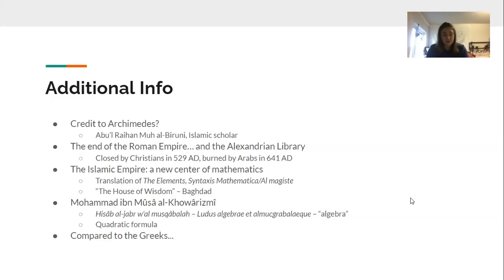We can see the name of his presentation there, the first bullet point under his name. That's in his language, and translated into Latin it is the Ludus Algebrae et Algebraica. And we reduced that to algebra, which is what we call it today. I personally never realized that algebra came from the Arabs in the Islamic Empire.